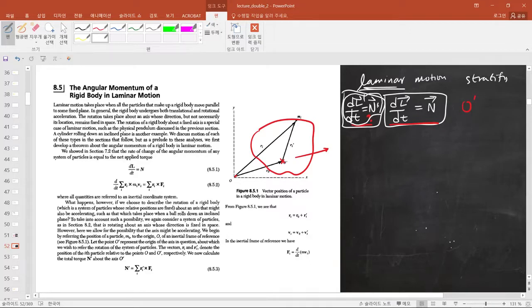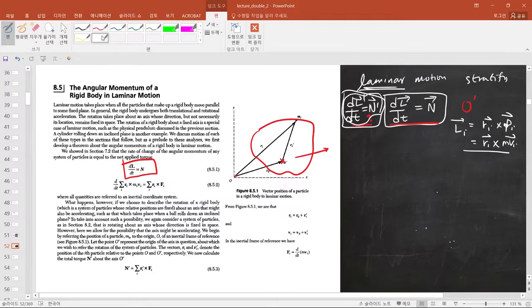So we want to find the condition under which we can still use this one and apply it to a laminar motion. Okay, so the analysis starts with this equation, which is the standard one, and we know that L is given by R cross mV. L for the i-th particle is equal to Ri cross mPi, which is equal to Ri cross mVi.